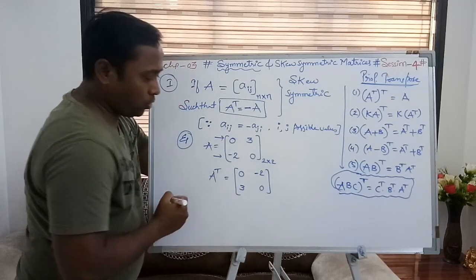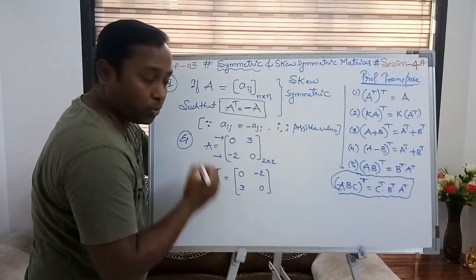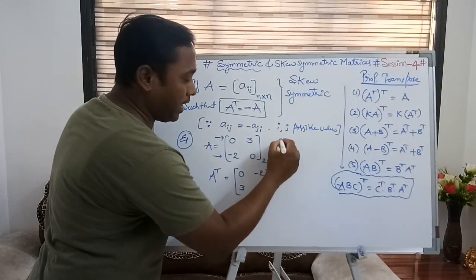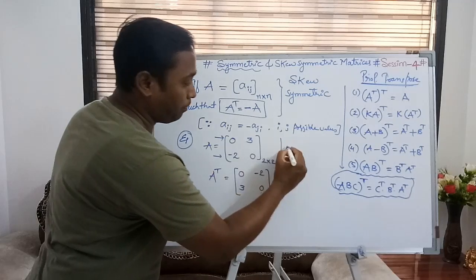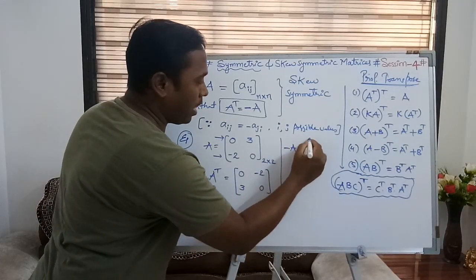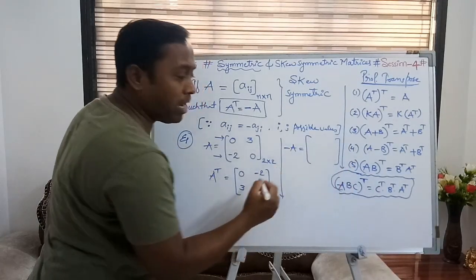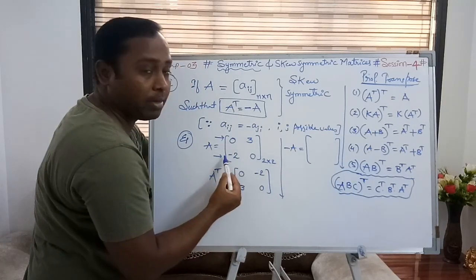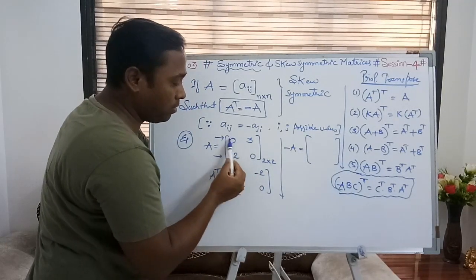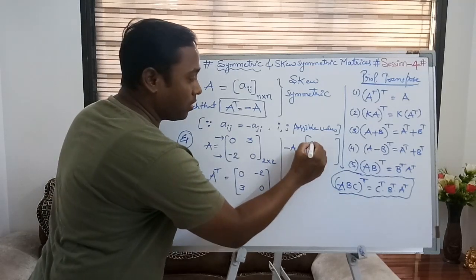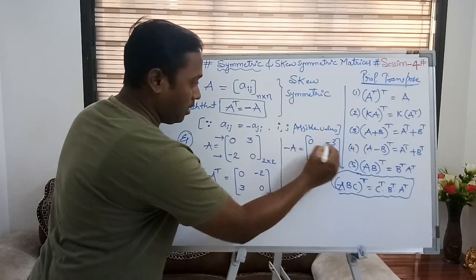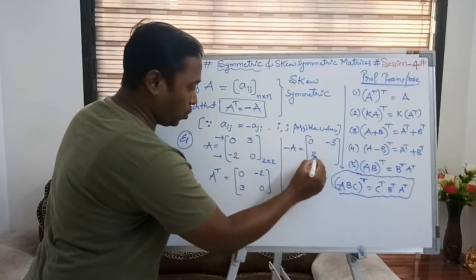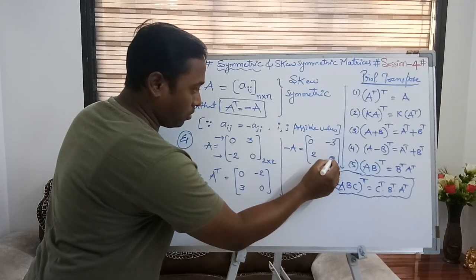So this is A transpose. And what is minus A? Minus A means the entire matrix is multiplied by minus 1. Each and every element is multiplied by minus 1. 0 doesn't make any difference, so it remains the same. It becomes minus 3, and it becomes 2, and it becomes 0.